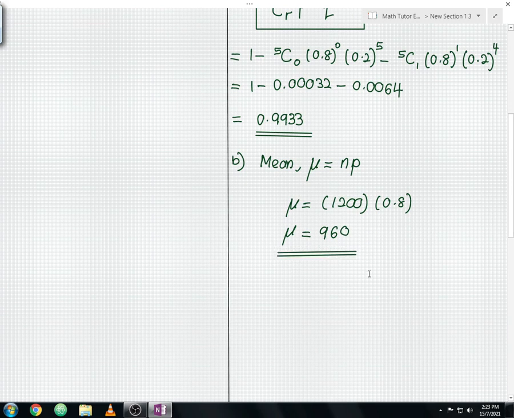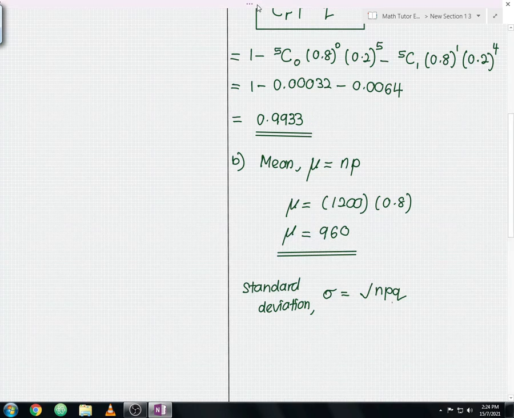Okay, so for the next, they ask us to find the standard deviation. So from here, standard deviation, denoted in the symbol sigma, is equal to square root of n times p times q. Okay, let me write this. Draw the square root line over here. So this is the formula.